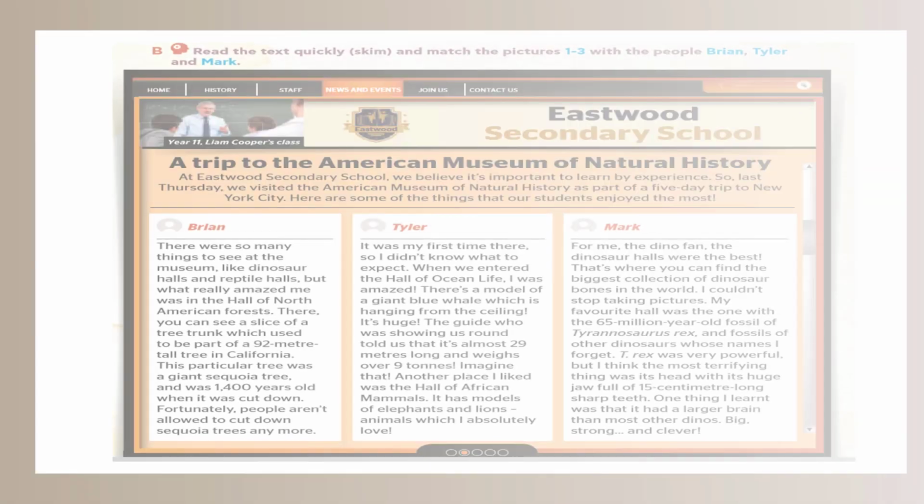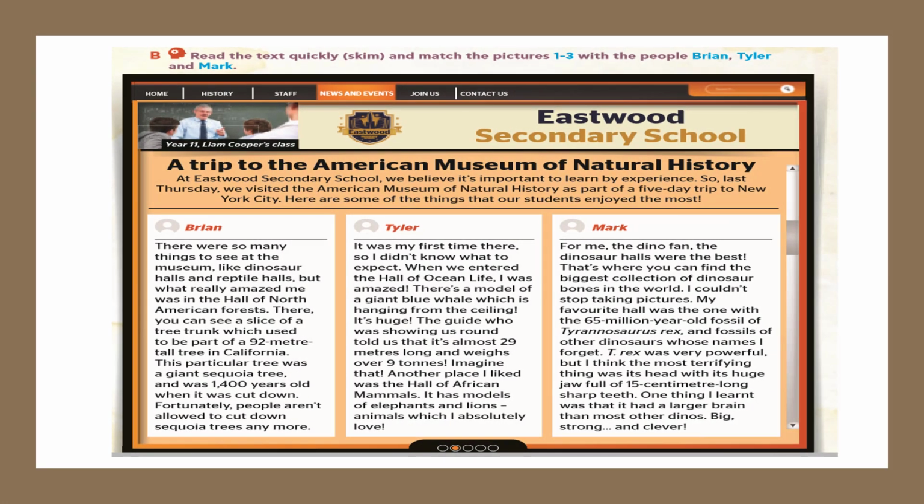Giant blue whale. Okay, now أعزائي الطلاب, let's try to read the text, to skim it, and then we are going to match the pictures 1, 2, and 3 with the people Brian, Tyler, and Mark. Let's start listening, and after that we are going to match.